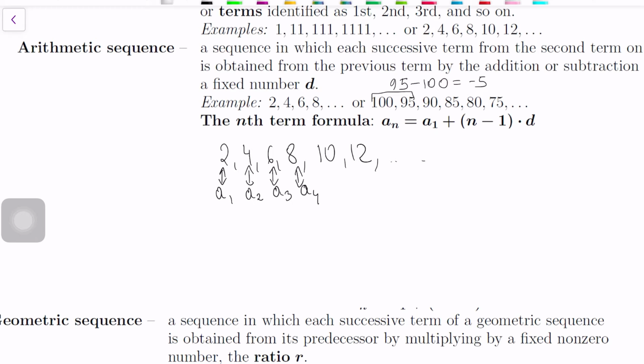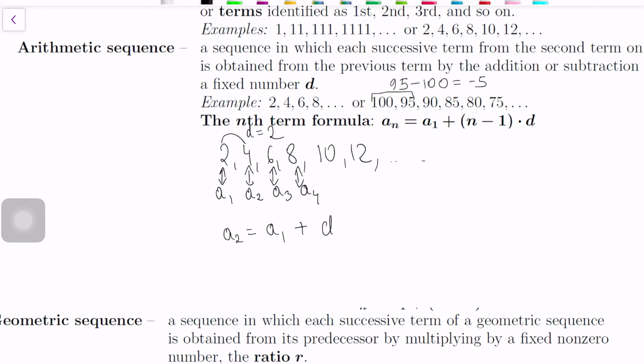Okay, so the general formula is obviously very useful, and there is a specific formula you can devise, and I'm going to show you how. Because for example, a2 is always a1 plus the difference, right? In this case the difference was 2.